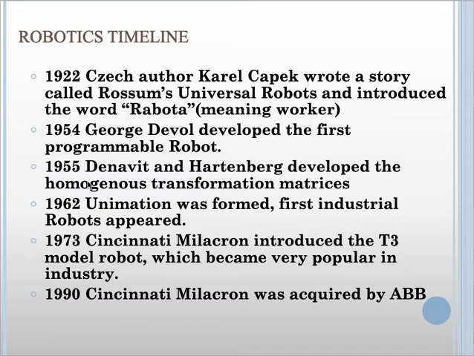In 1955, Denavit and Hartenberg developed the homogeneous transformation matrices. In 1962, Unimation was formed and the first industrial robots appeared.